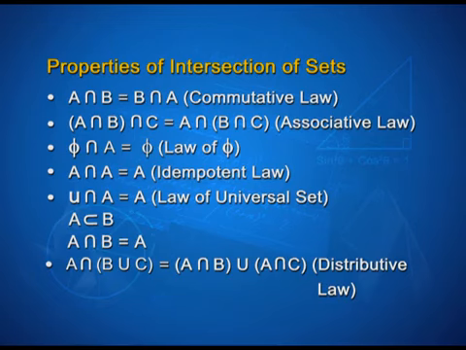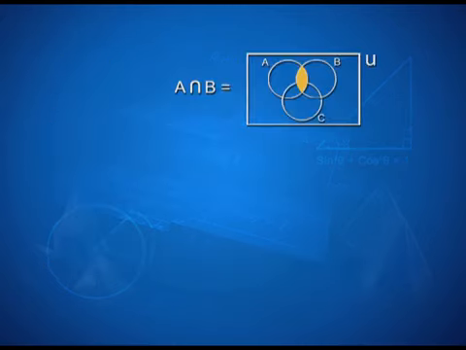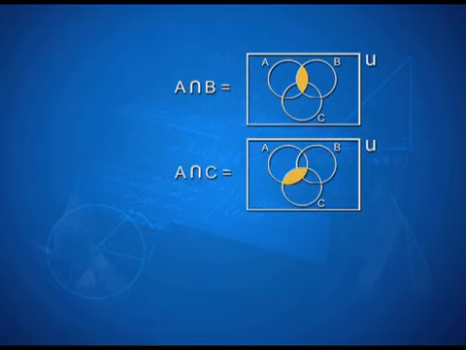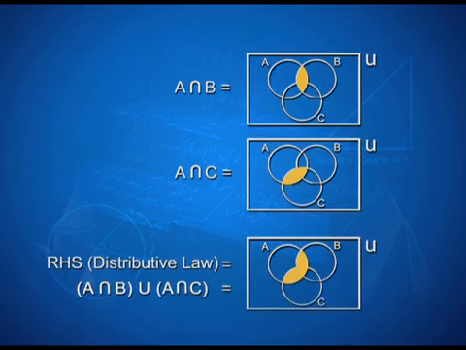Now, coming to the right hand side of the distributive law, we have A intersection B union A intersection C. Drawing the Venn diagram of A intersection B, we can see that this shaded part represents A intersection B. Drawing the Venn diagram of A intersection C, we can see that this shaded part is represented as A intersection C. But when I do the union of both these Venn diagrams, I will get A intersection B union A intersection C. And the Venn diagram will be represented like this.